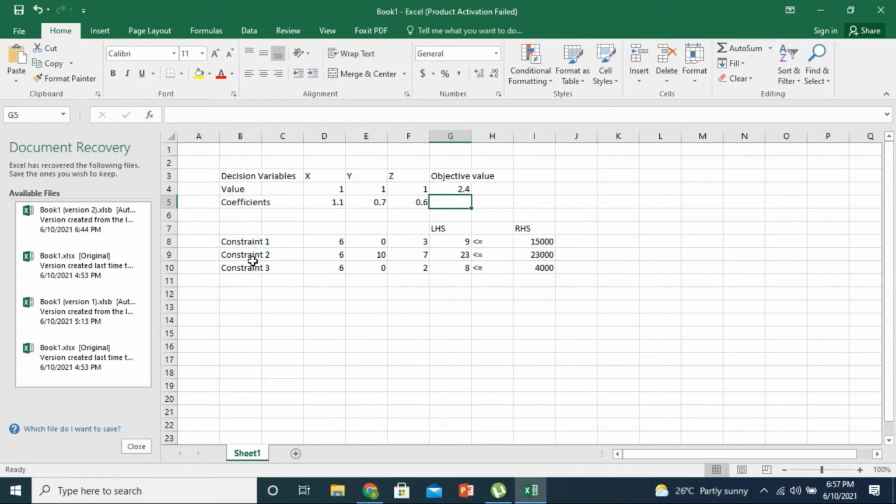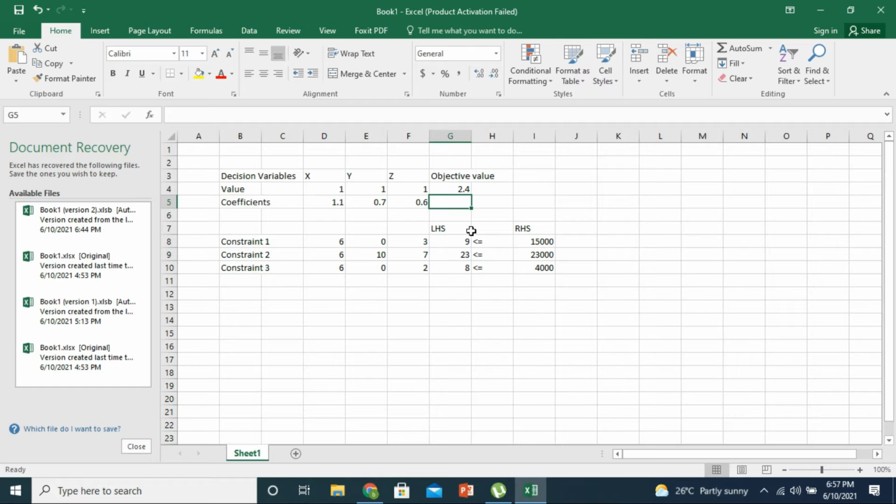The second one, constraint 2, is 6x plus 10y plus 7z, less than or equal to 23,000. The last one, constraint 3, is 6x plus 0y plus 2z, less than or equal to 4,000.